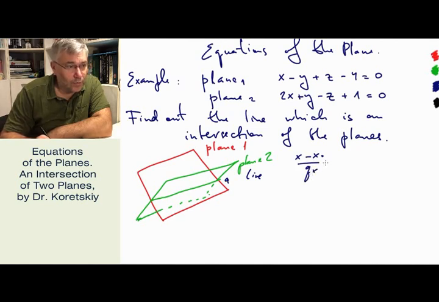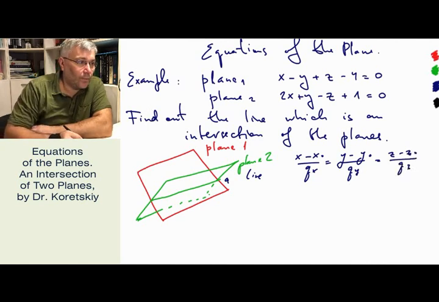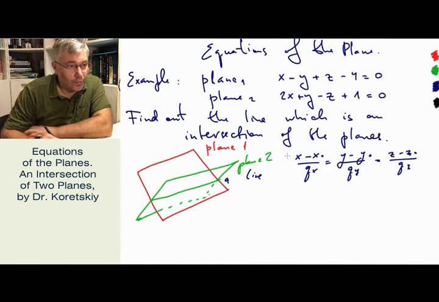You remember the canonical view of this equation is this one: x minus x0 over qx, y minus y0 over qy, and z minus z0 over qz. I use green ink here.